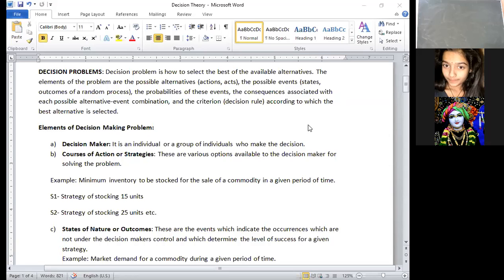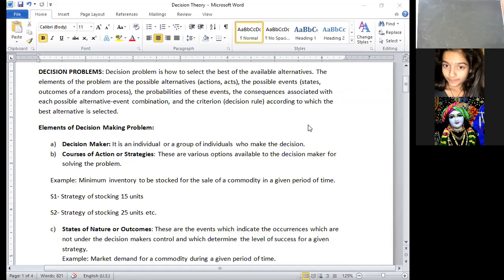Okay. Decision theory, again coming back to this. Decision theory is the combination of descriptive and prescriptive business modeling approach to classify the degree of knowledge. The degree of knowledge is bifurcated into 4 categories. First one is complete knowledge, that is called certainty.